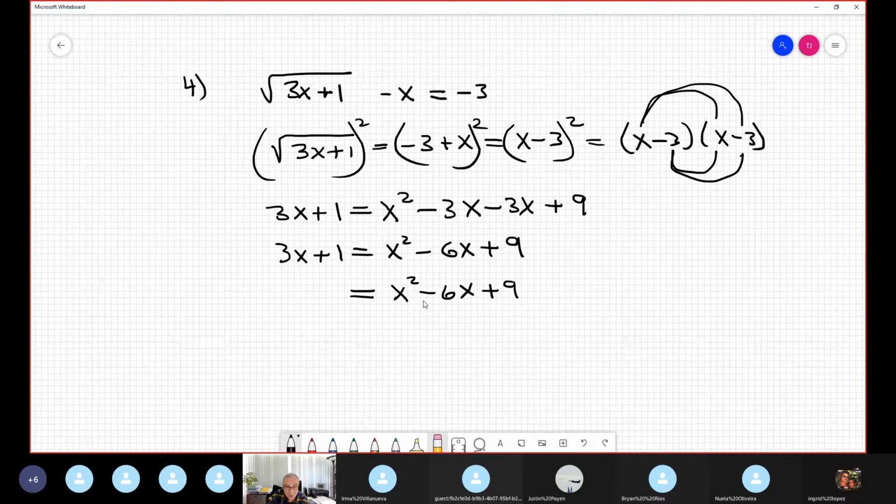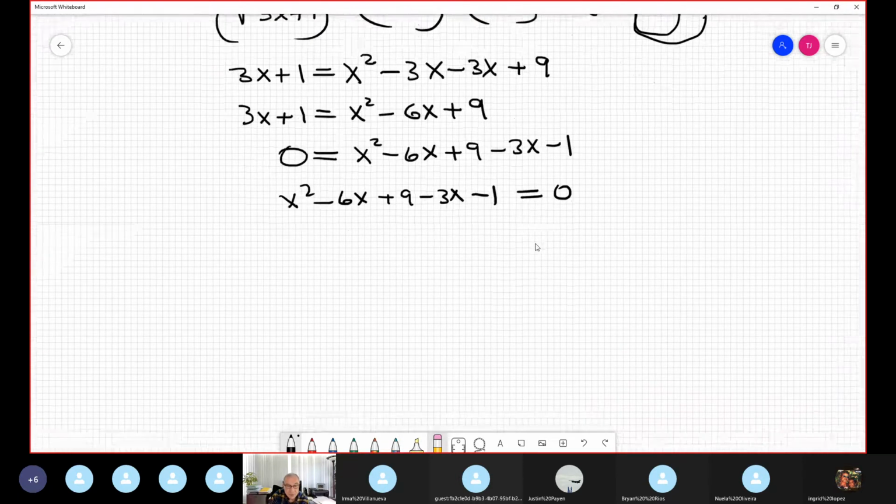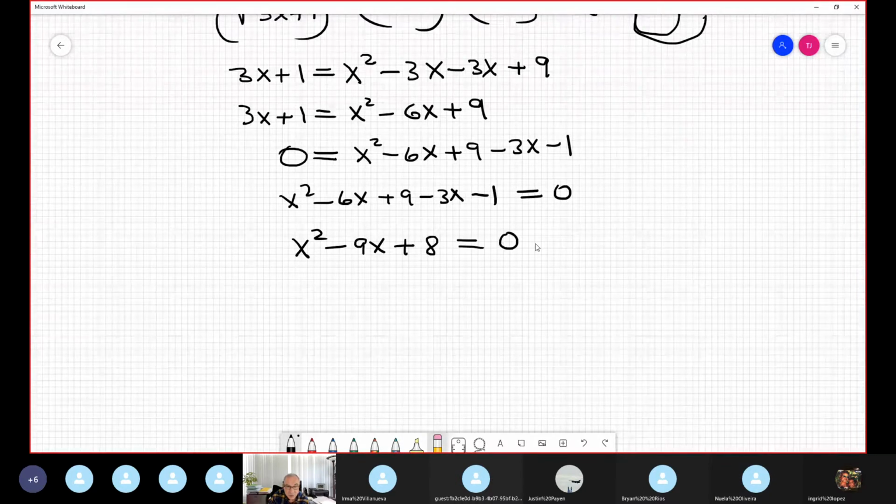I move 3x and 1 to the right, like minus 3x minus 1, and here we have nothing but 0. And you flip it again. It's x squared minus 6x plus 9 minus 3x minus 1 equal to 0. One more time we combine like terms: x squared minus 9x plus 8 equal to 0.